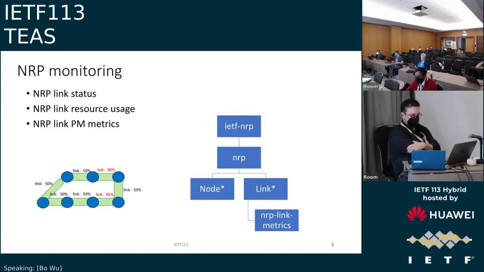So in this NRP instance, each link has its resource bandwidth usage, and it could have per link delay or loss. So it can be used by the network slice controller to evaluate whether this NRP instance can be used to support a new network slice service. So this is for NRP monitoring. We augment the IETF network model with link specific status.